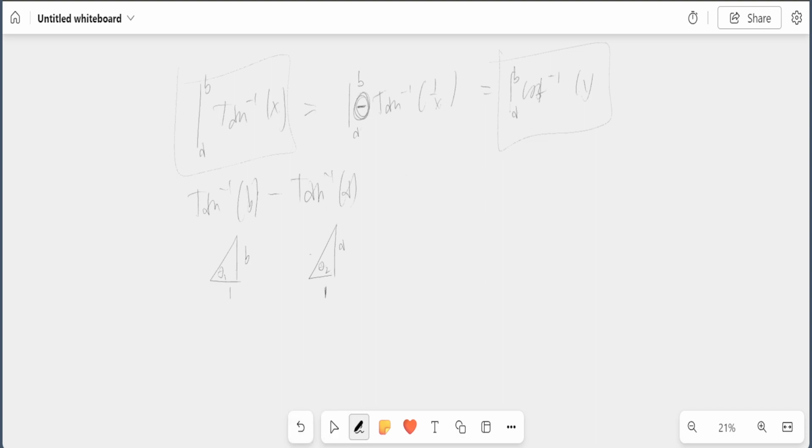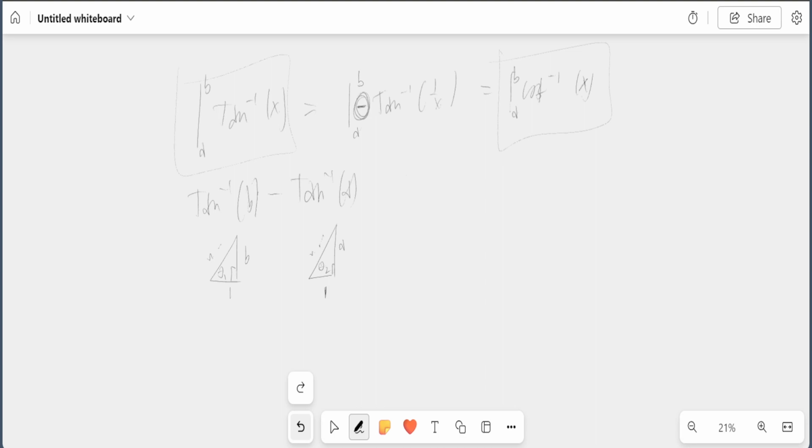Okay, and then a right angle. So that is equal to cotangent. So tangent inverse B is equal to cotangent inverse.